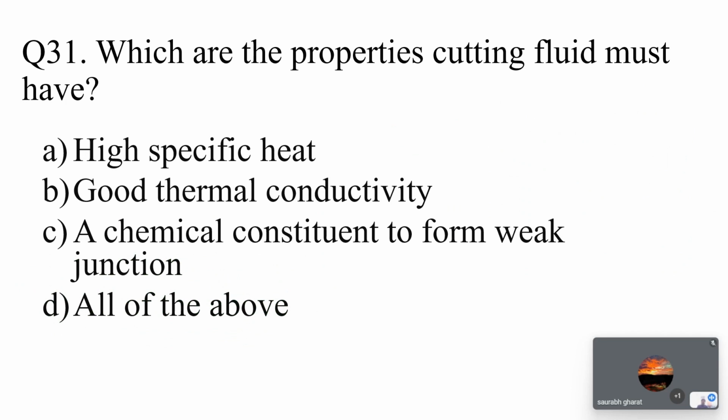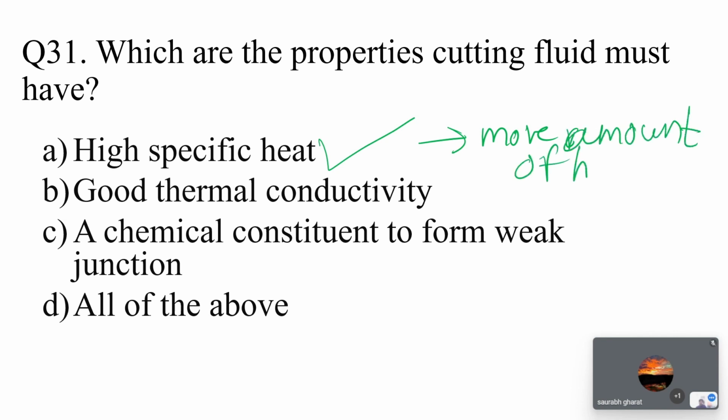Which properties must the cutting fluid have? High specific heat, to absorb more heat. Good thermal conductivity, for conduction, to take the heat away.